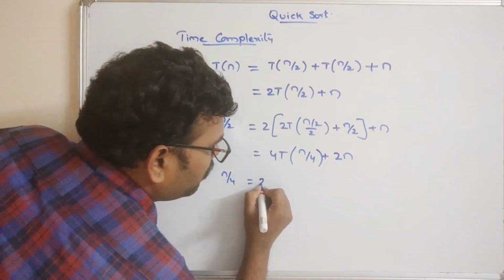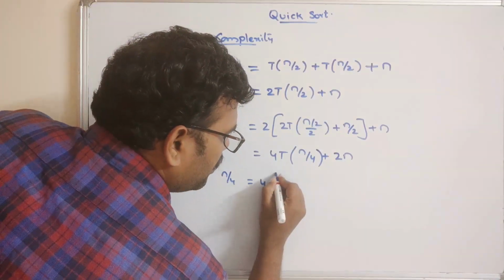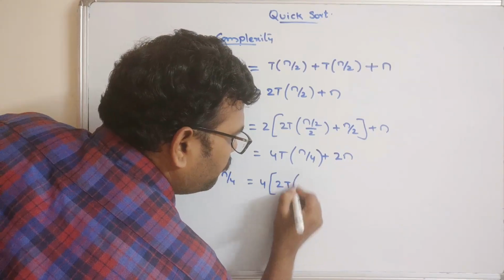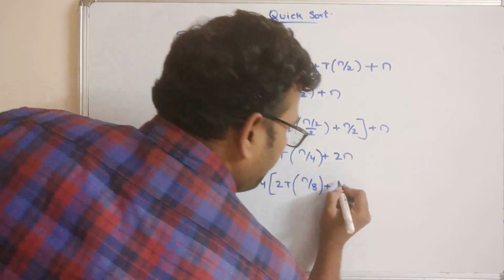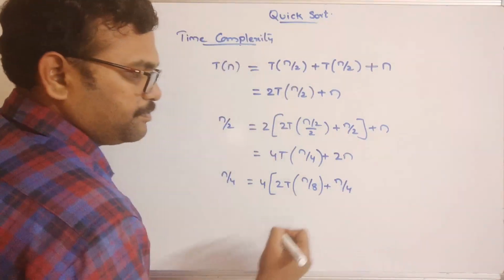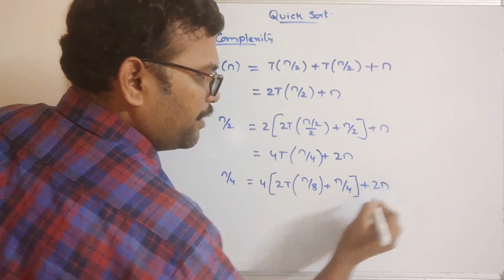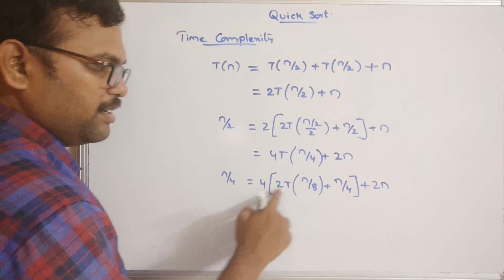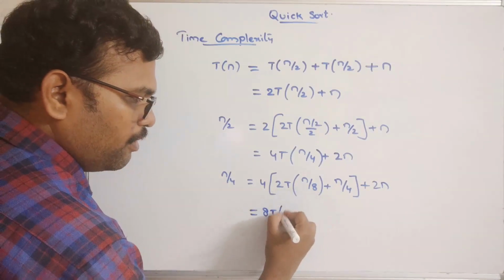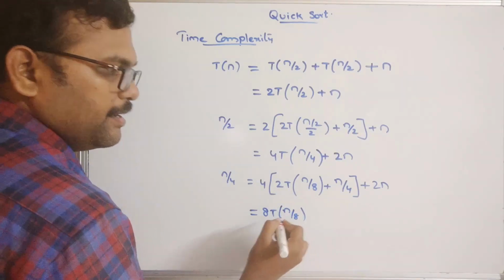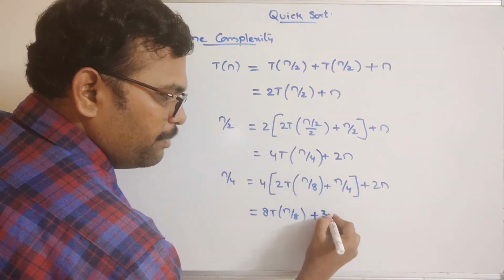So 4 into 2T(n/8) plus n/4, plus 2n. So then what happens here? 8T(n/8) plus n, plus 2n, that will be 3n.